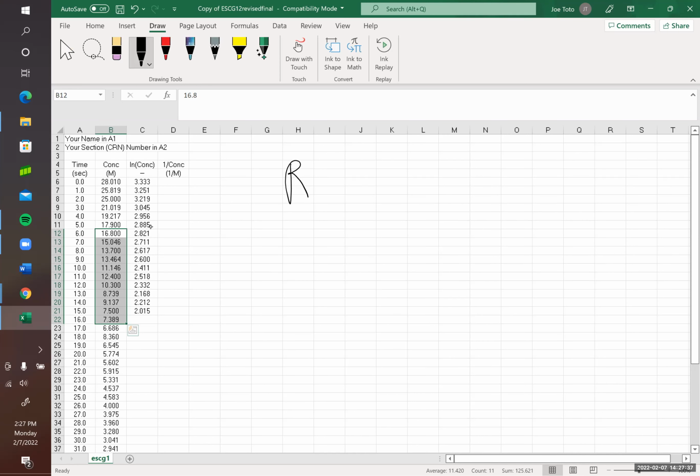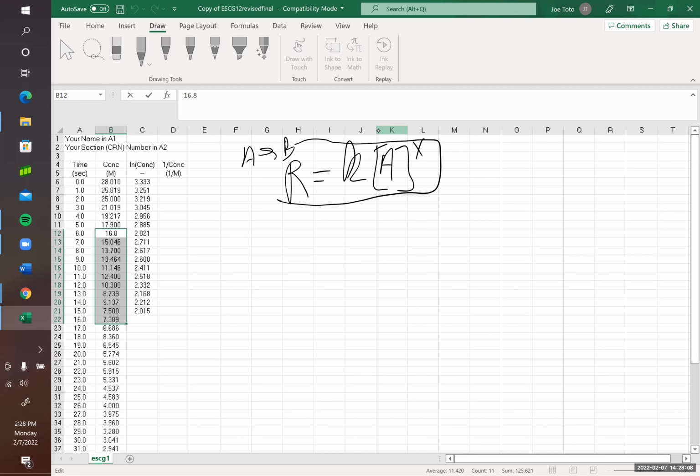Okay, so we know that for any reaction of, say, A going to B, then the rate law is going to have this form, right? R equals K times the concentration of A to the X. So in order to define completely this rate law, we need to find the rate constant and the power dependency.